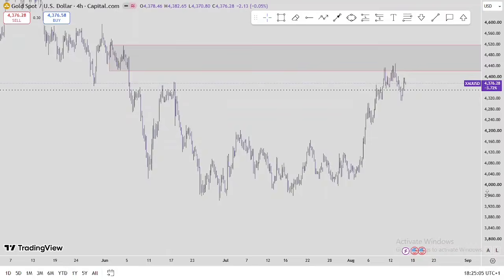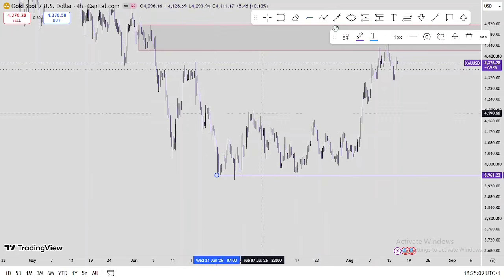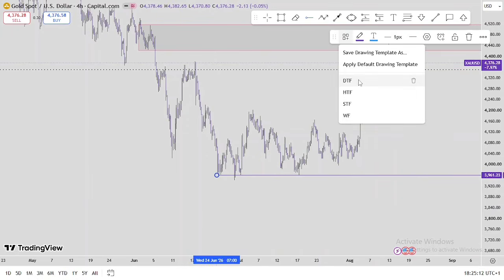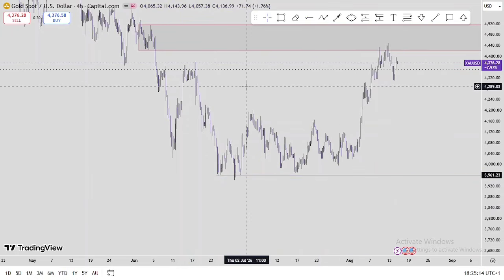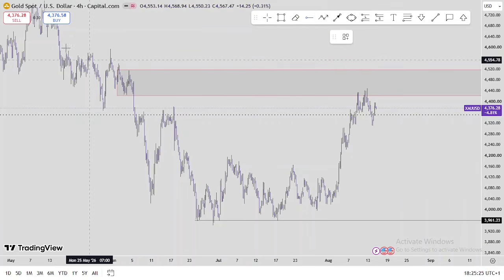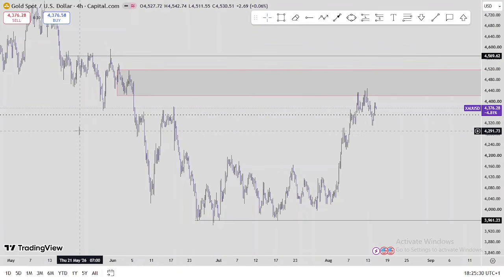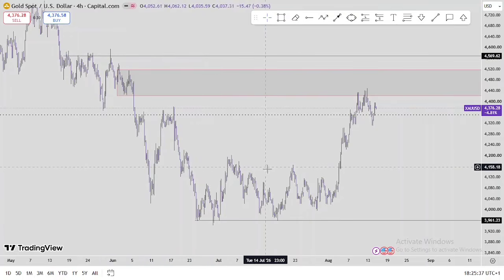On the 4H we have this major low here, and then we have this major lower high before price created this price action here.